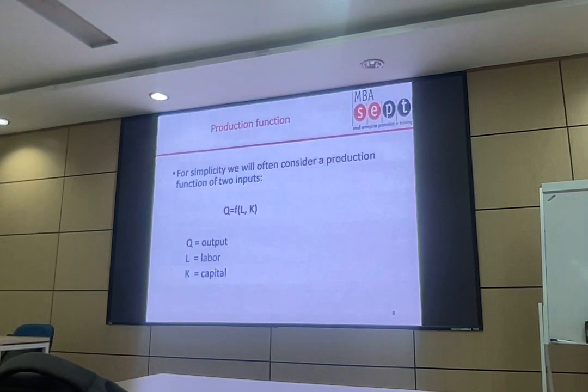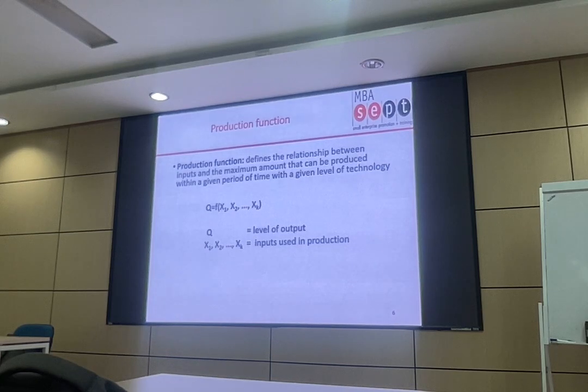That's why the production function defines the relationship between inputs and the maximum amount that can be produced within a given period of time and with a given level of technology. So Q, the output, can be expressed as a function of x1, x2, up to xk, where x represents the inputs used in production, and Q is the level of output.